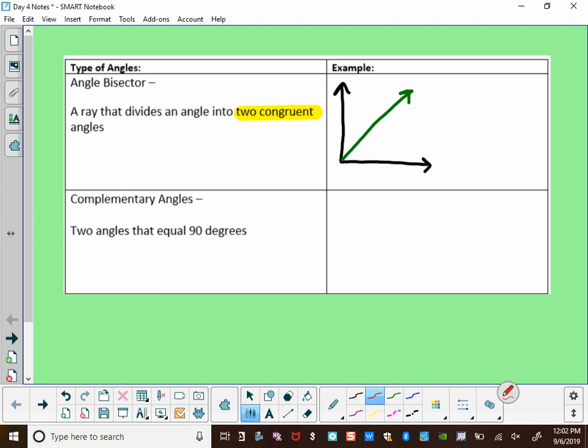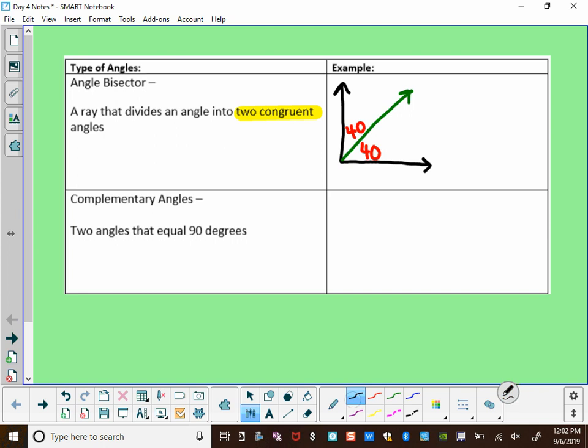That means that just cut that entire angle in half. So let's say that this was 40 degrees up top. If my top angle was 40 degrees, what's the bottom part of the angle? It's going to still be 40 degrees, because an angle bisector just tells you that each piece is the same.